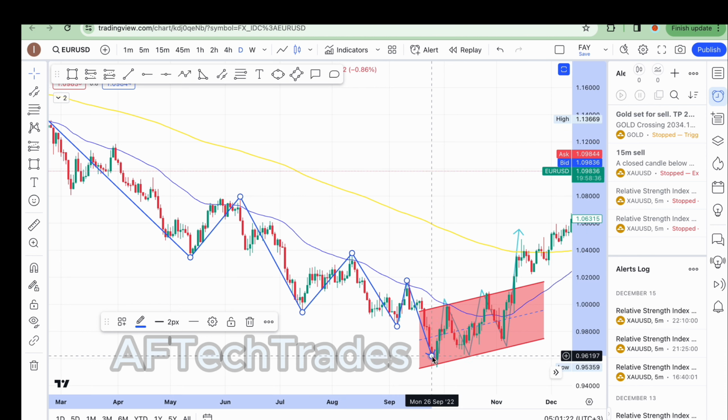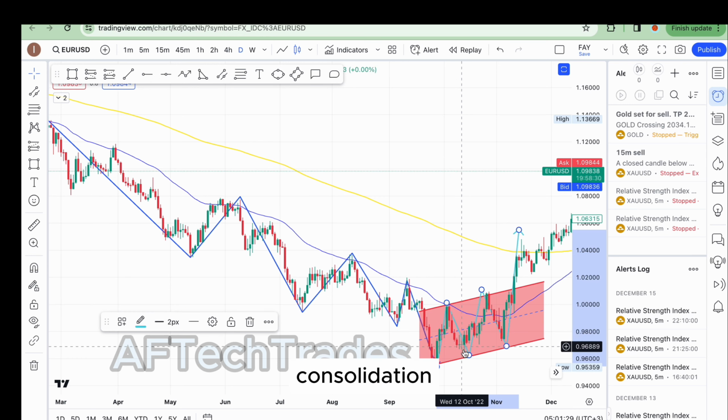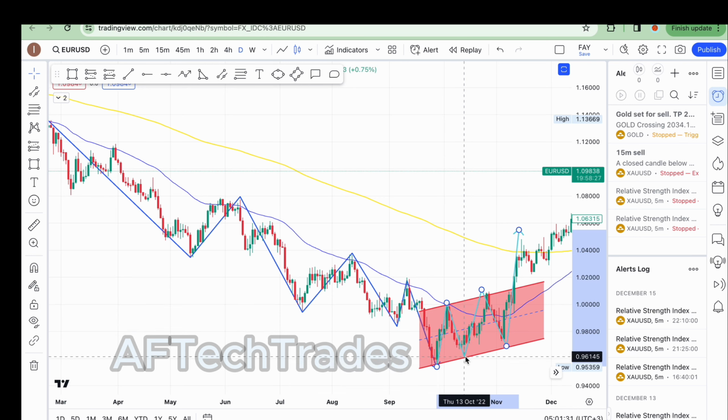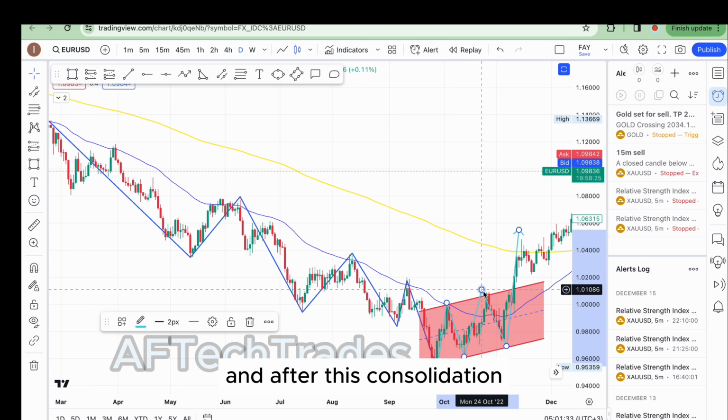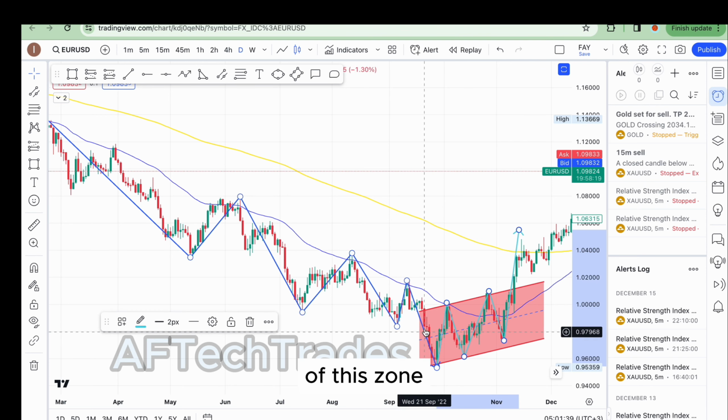Consolidation, and after this consolidation, we saw that it again breaks out of this zone.